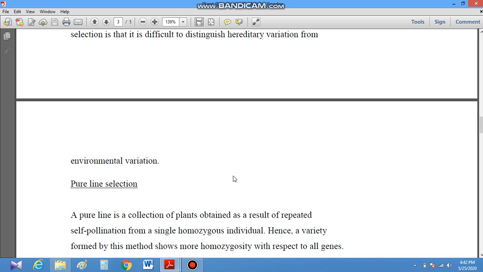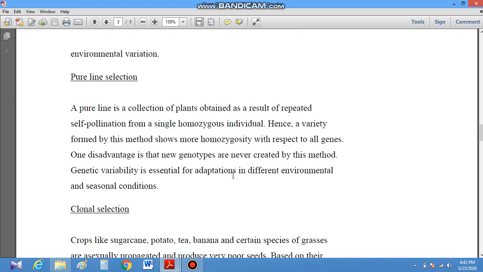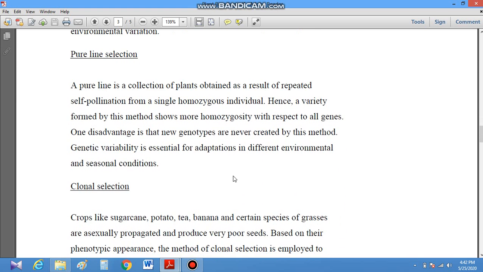Another method is called clonal selection. Clonal means identical. In clonal selection, progeny of a single plant is obtained by asexual reproduction. When plants are asexually propagated, they will not create any variation, because there is no exchange of genes during fertilization. So they are called clones.